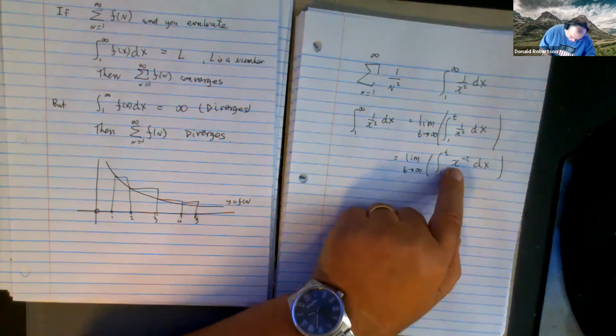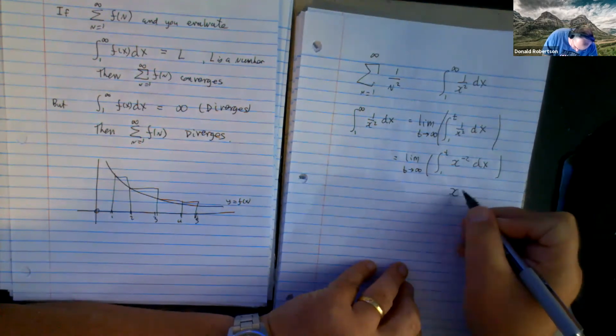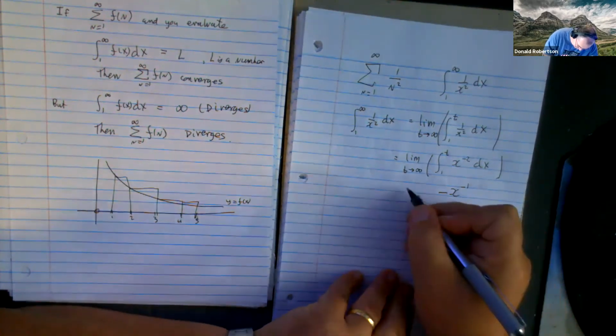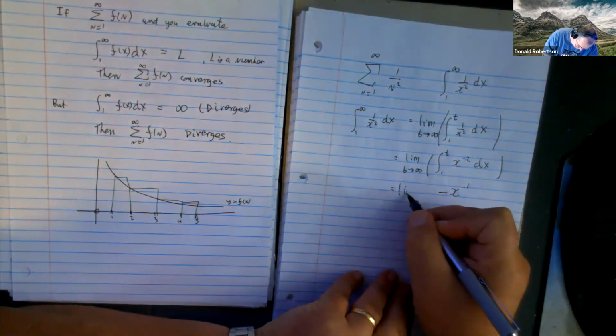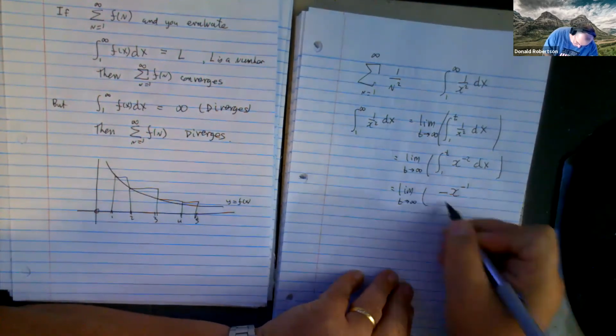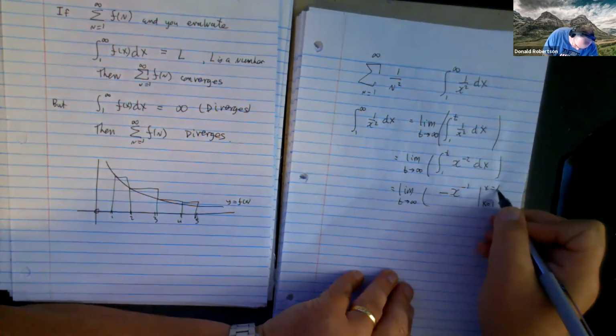So when you want to integrate x to the negative 2, you find its antiderivative: add 1 to the power, and then divide by the new power. And so it's going to be the limit, as t tends to infinity, of this guy, evaluated at x equals 1 and x equals t.